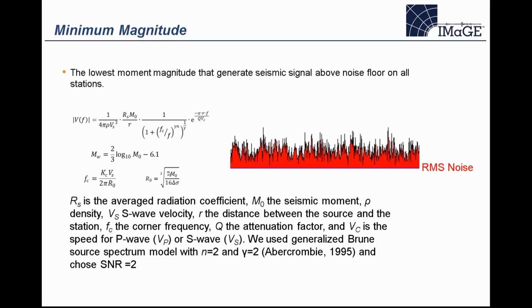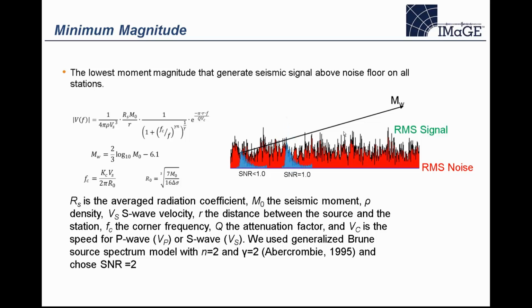And then we have a background noise. The algorithm works like this. For every grid point in space, we increase the magnitude from low to high and then calculate the signals at any given station. So for instance, if the signal is below 1, then you have signals that are below the noise. You cannot detect signals like this.